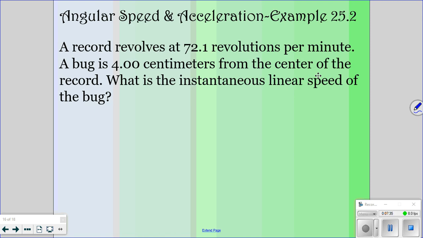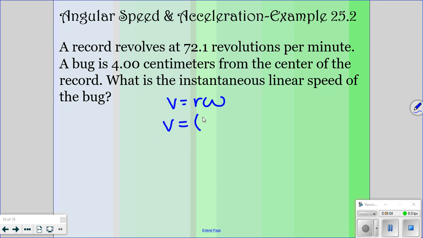So we want to look at the instantaneous linear speed of this bug that's revolving on a record. So we're going to use our formula, V equals R omega. We want to know what is the linear speed, so that's the velocity. The radius is how far it is from the center.